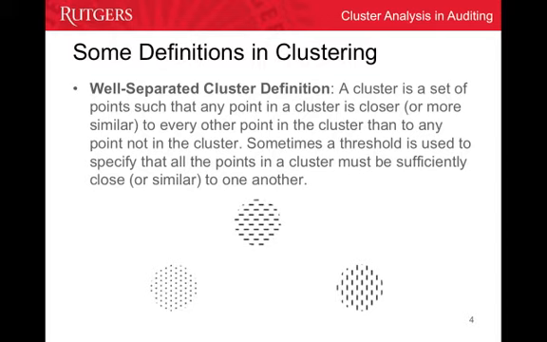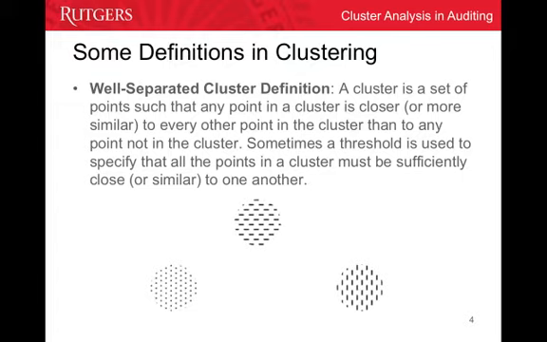The first important definition in clustering is called the well-separated cluster definition. It says that a cluster is a set of points such that any point in the cluster is closer or more similar to every other point in the cluster than to any point not in the cluster.